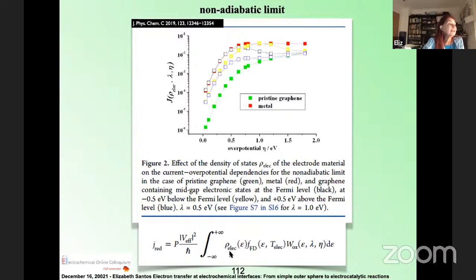But the effect is that the curves are very different. And also in the case of the presence of mid-gap states, these curves no longer have this form that reaches a constant value, but can still go through a maximum, for example, and come back. That is very interesting.